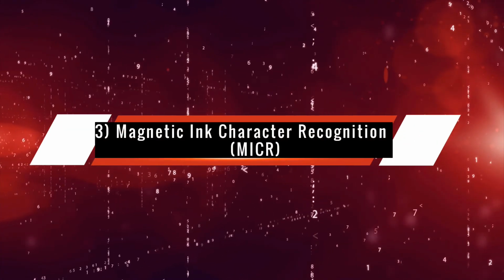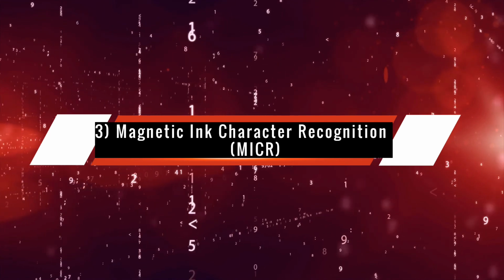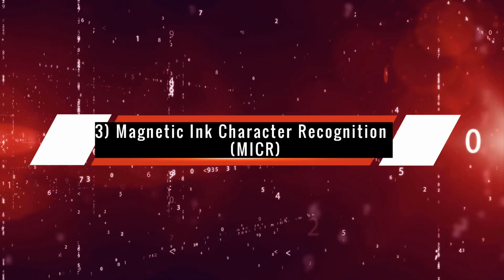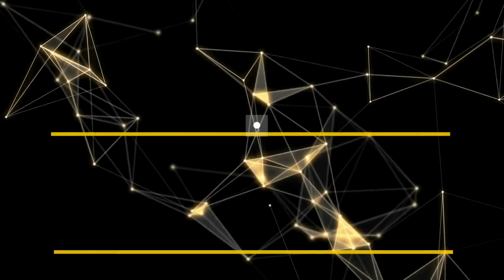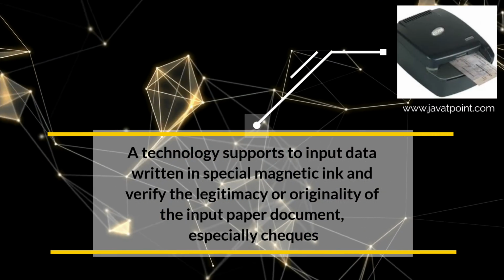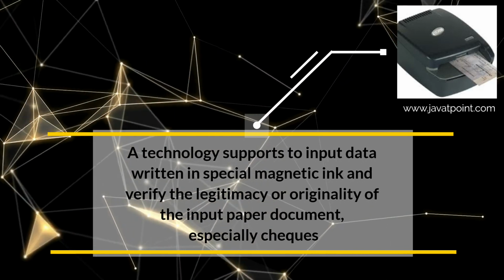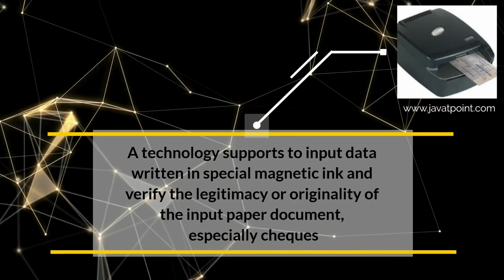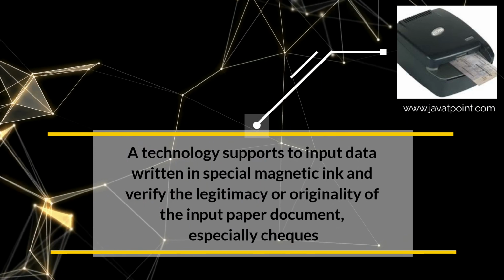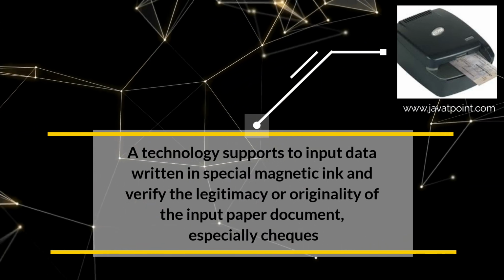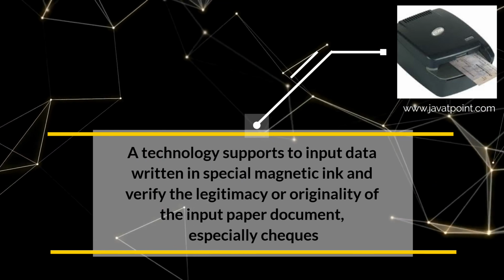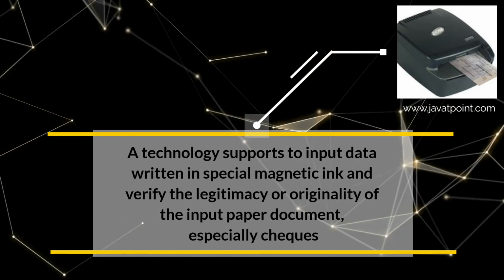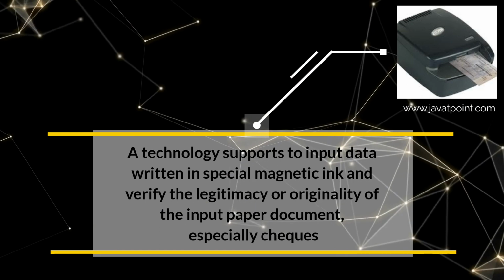Method number 3, magnetic ink character recognition or MICR. MICR is a technology that supports inputting data written in special magnetic ink and verifying the legitimacy or originality of the input paper document, especially checks.